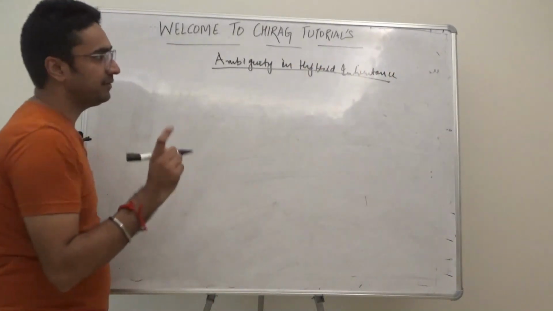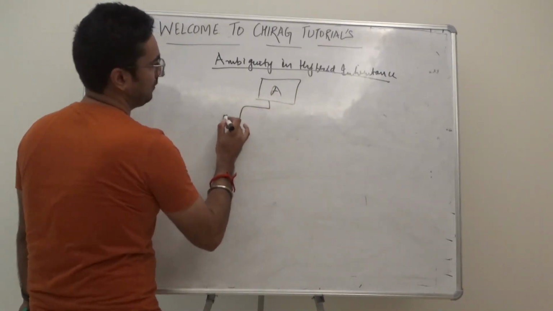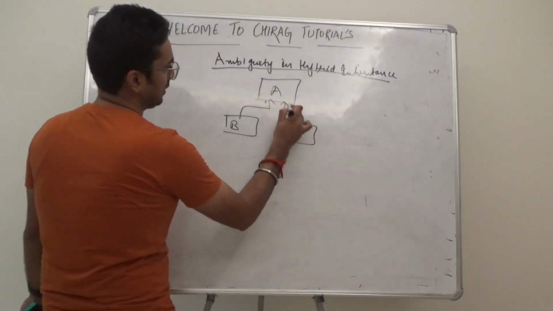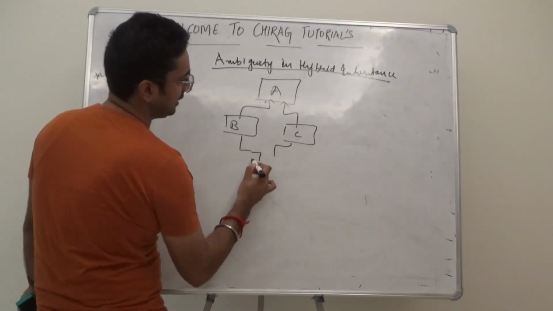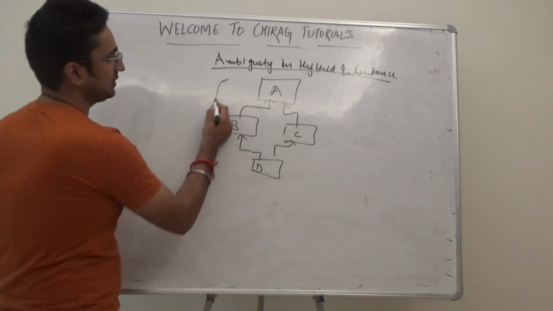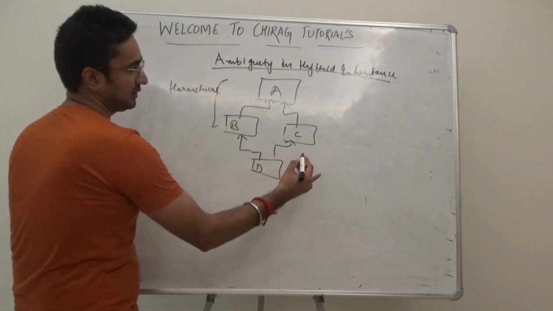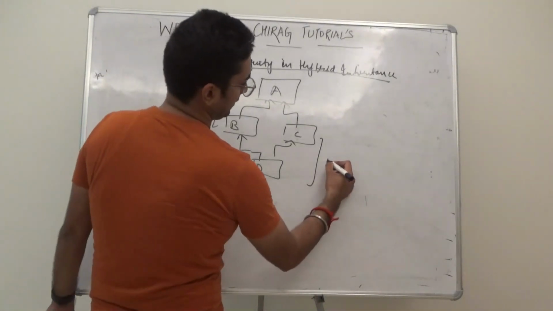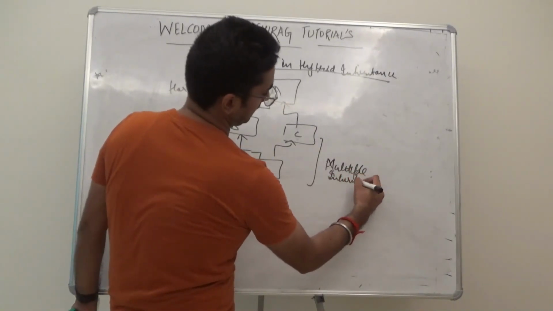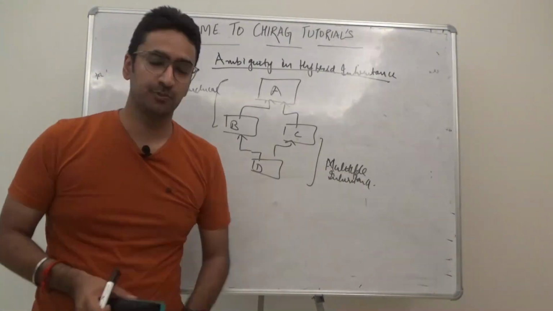Guys, if I talk about a hybrid inheritance example, we have class A being inherited by class B and class C, and class D is inheriting from class B and class C. This is hierarchical inheritance, and this is multiple inheritance. So how does this whole thing work out?